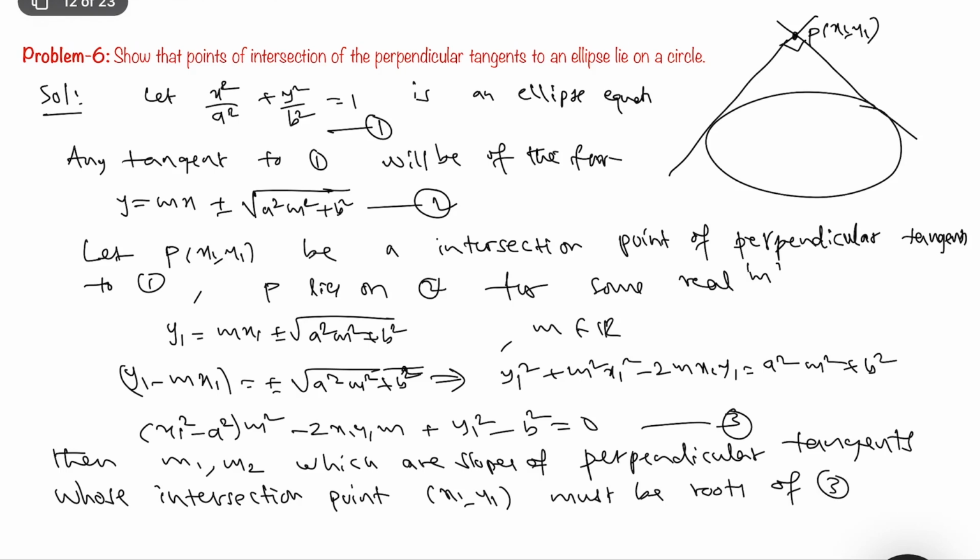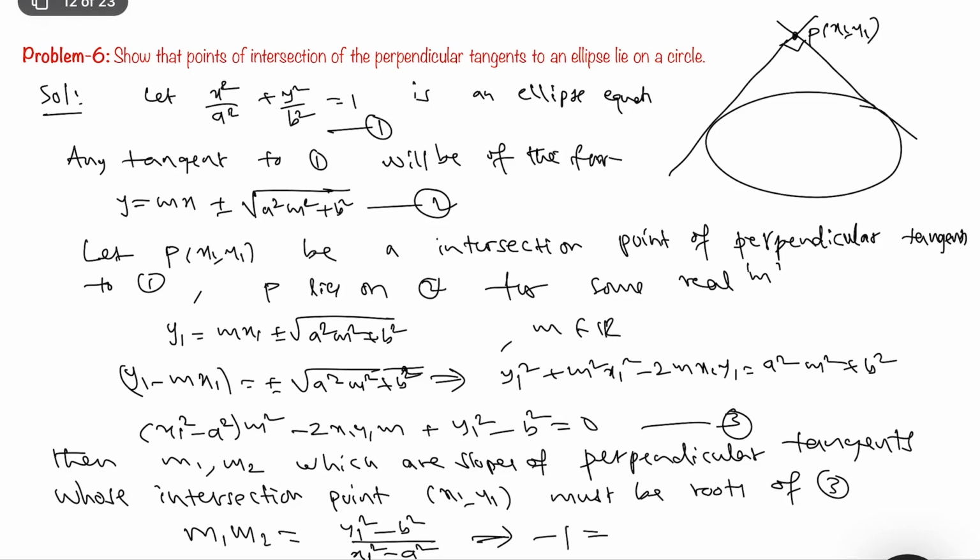Okay, so what is 3? Quadratic equation in m. So what should be the product of the roots? m1 into m2 should be the constant term by the coefficient of m square, that is (y1 square minus b square) by (x1 square minus a square). Since m1, m2 are slopes of the perpendicular tangents, the product must be equal to minus 1.